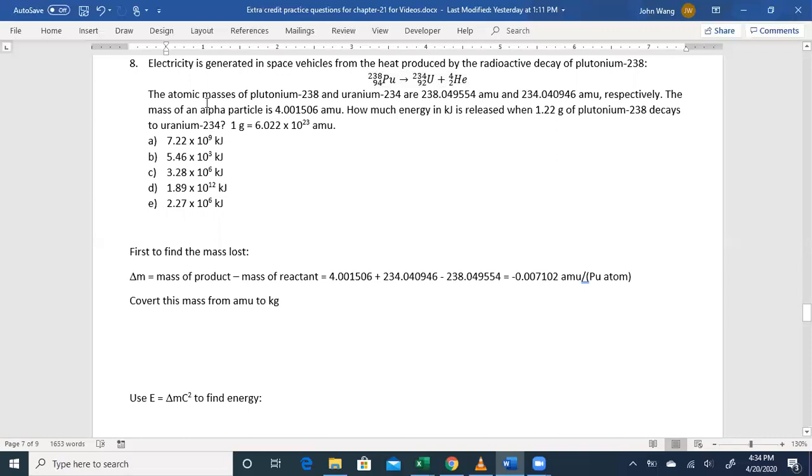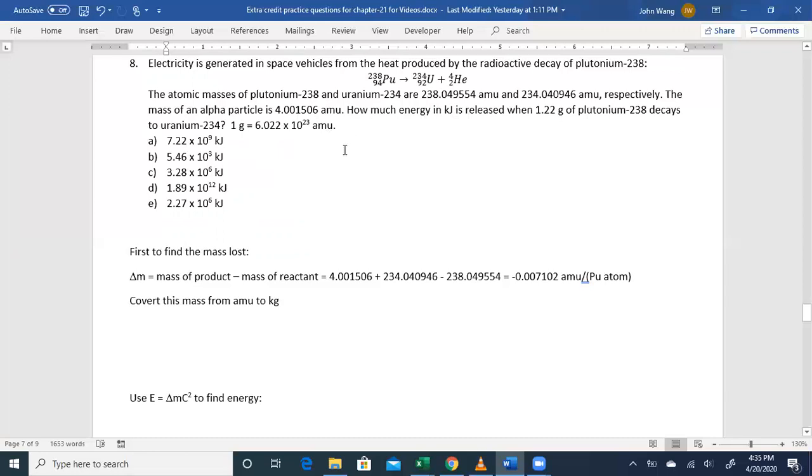Then they give you the atomic mass of plutonium-238. The reactant is 238.049554. Then the two products have the masses 234.0409 and 4.0026. Then it asks how much energy in kilojoules is released when 1.22 gram of plutonium-238 decays. Then they give you the conversion between gram and AMU.